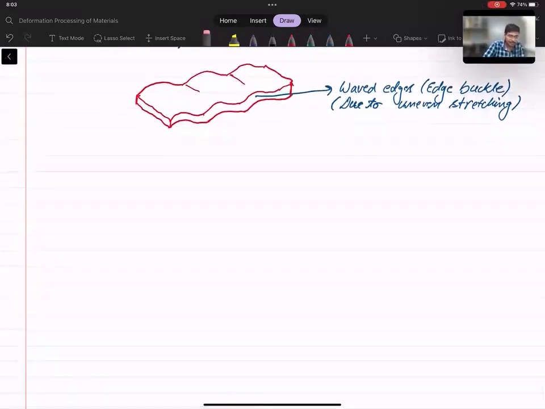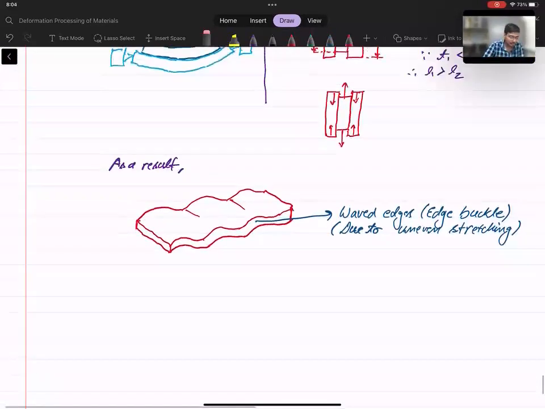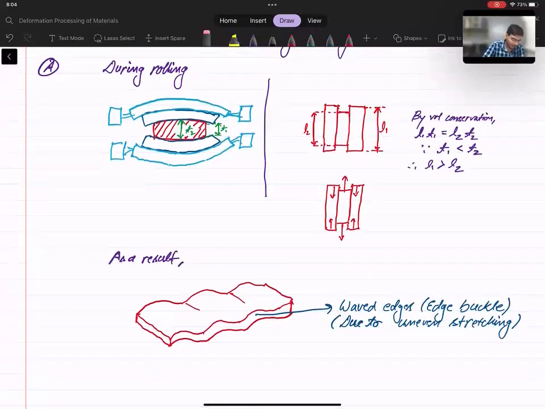And this can be corrected by using guide rollers. They support the workpiece from the sides and prevent this sort of bending of the work roll and backup roll. Okay.